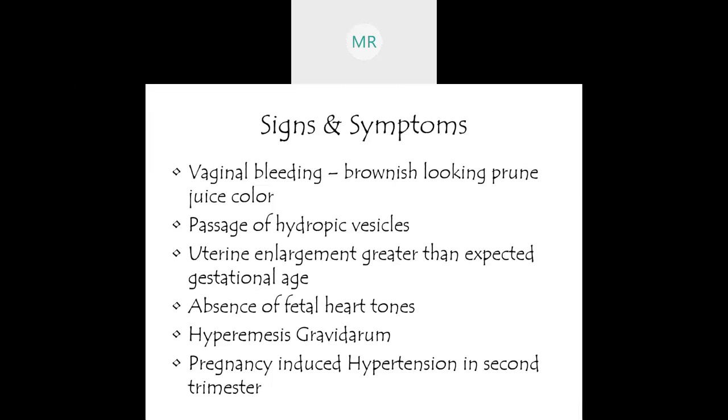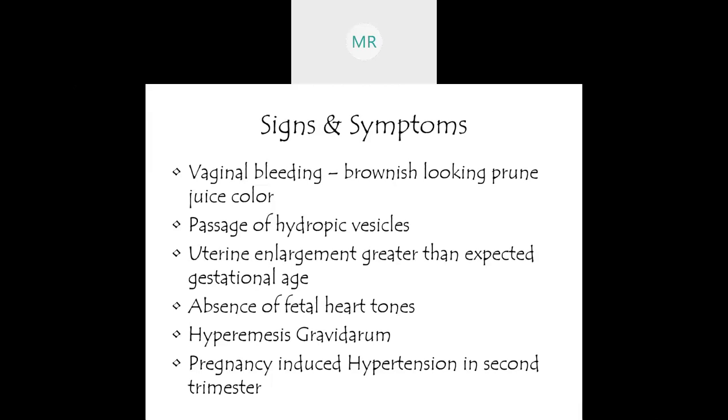Dig a little deeper because something is not right. It's not normal that all of a sudden you're pregnant and now you've got hypertension. We have to watch her because it could be a molar pregnancy. So that would be a red flag.